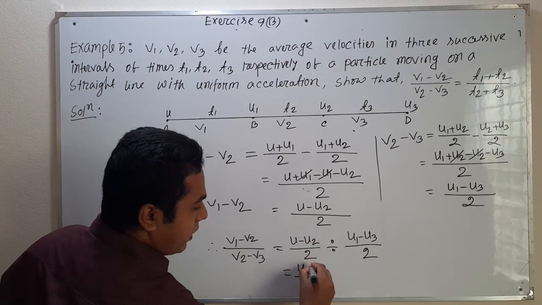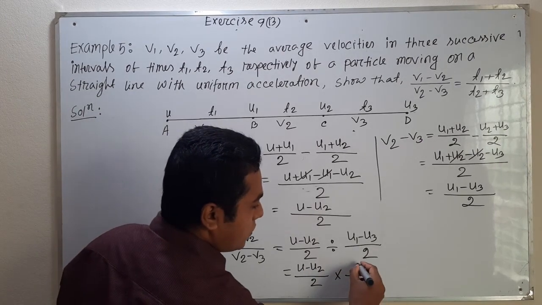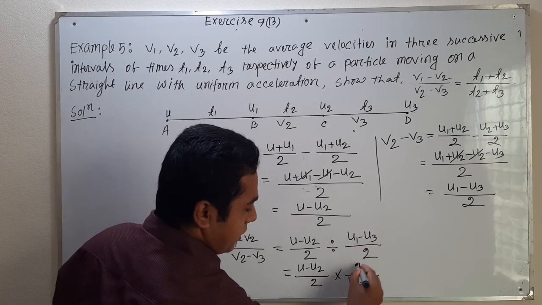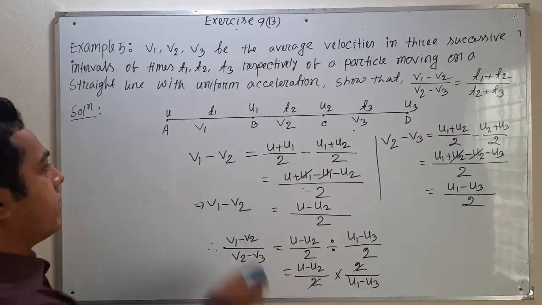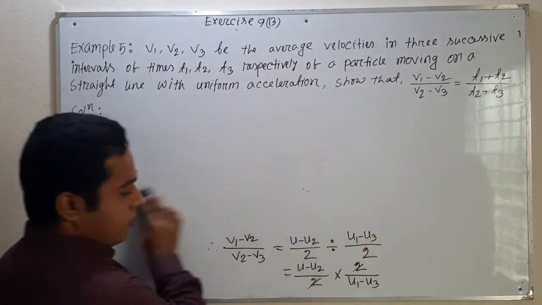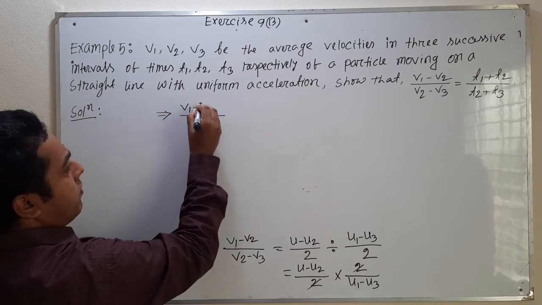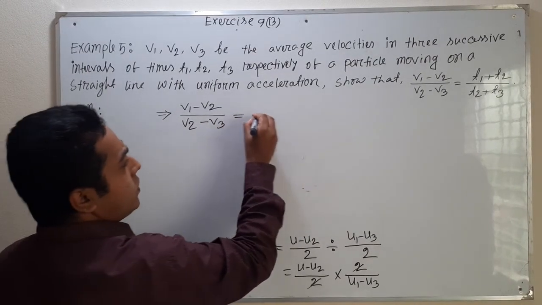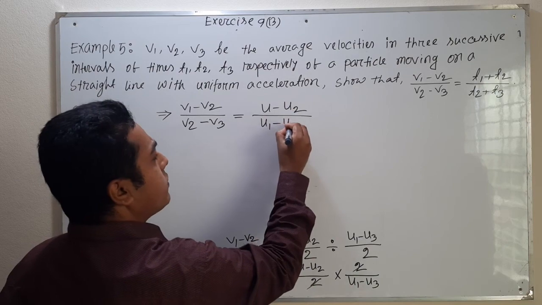So from this expression we get V1 minus V2 over V2 minus V3 is equal to u minus u2 divided by u1 minus u3.